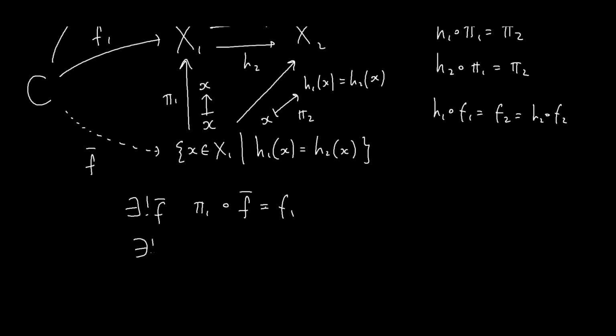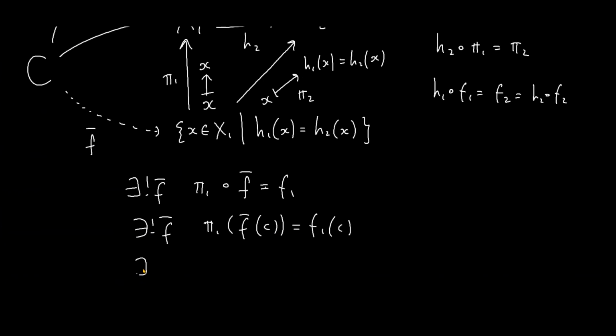We're looking for a unique f bar such that pi1 of f bar of C equals f1 of C. But remember that pi1 of x is x. So we're looking for a unique f bar such that f bar of C equals f1 of C.